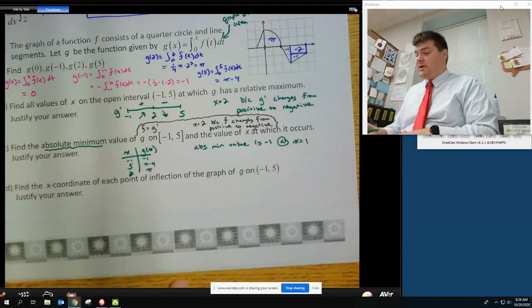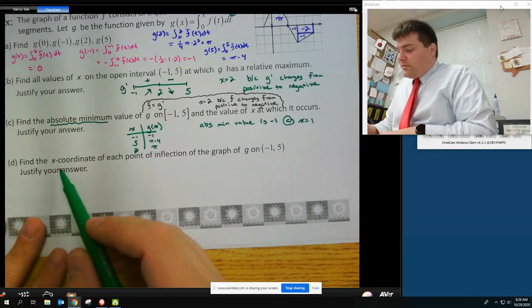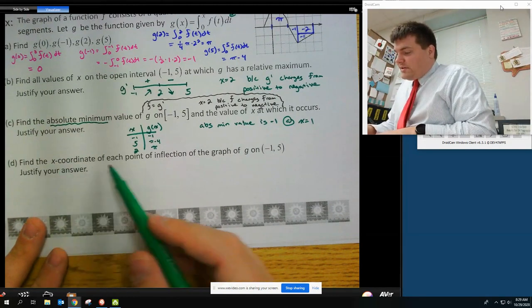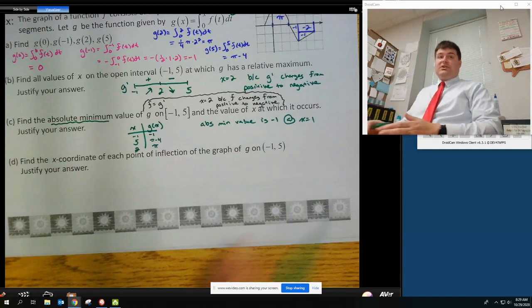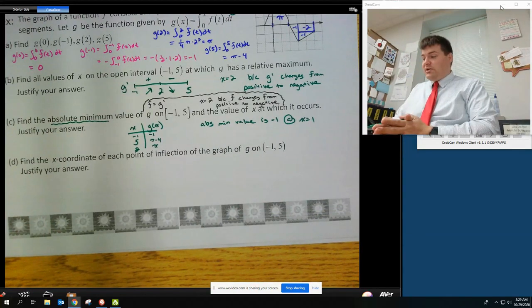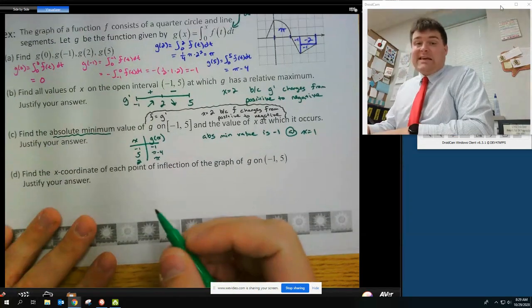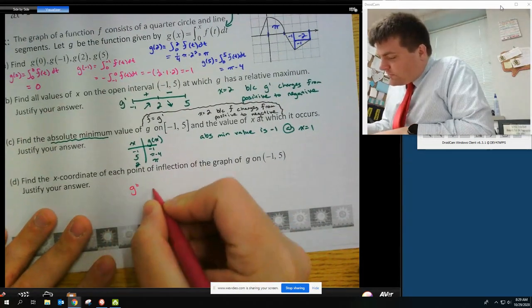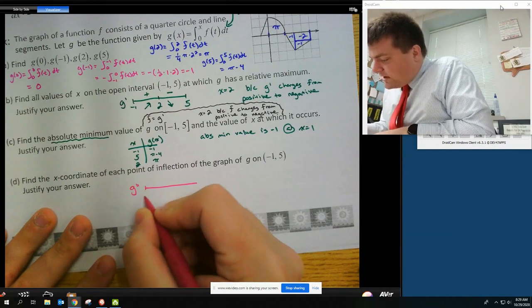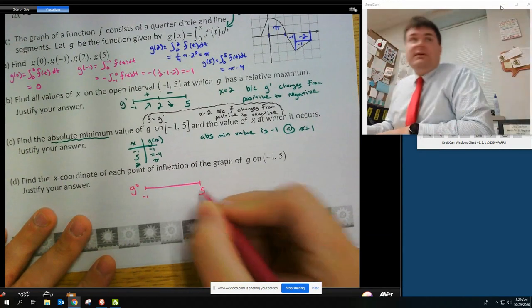my critical points. And then let's find where the x coordinate on each point of inflection on the graph. So we need to find point of inflection. And so point of inflection would be G double prime. So I need to make a sign chart for G double prime. And again, this is from -1 to 5.